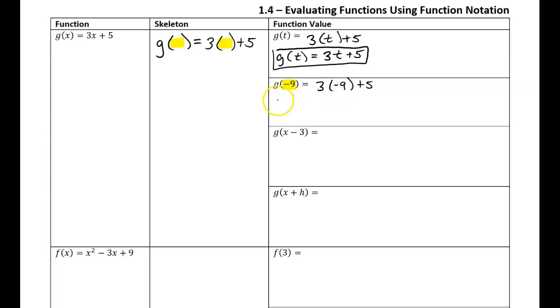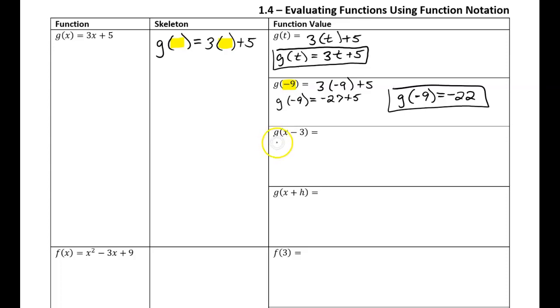And then here I can do a little more work because I do have a number, a value. 3 times negative 9 is negative 27 plus the 5. We're going to have g, go ahead and write it over here, g of negative 9 is equal to negative 22. So we do have a y value, an actual number. We can look at and maybe graph if we needed to, or whatever the problem calls for.